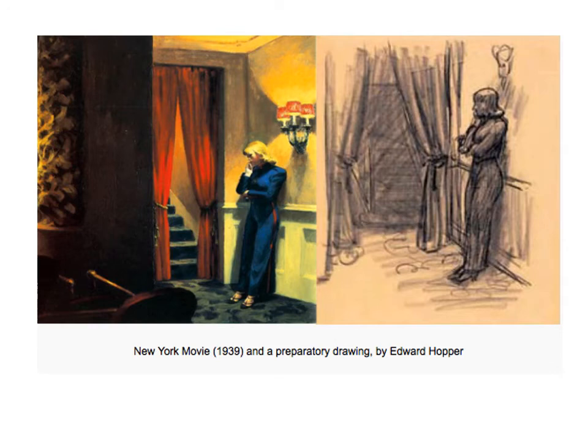Again, this is another side-by-side preparatory drawing and painting. In the painting, you can see the addition of the movie seats to create that initial plane, and then it folds back to the theater space on the left, and then the vestibule where the woman is standing, the usher, and then it folds back into a fourth space, which is the stairwell.